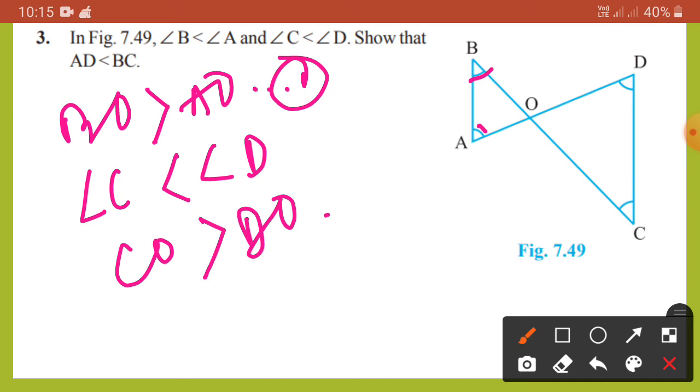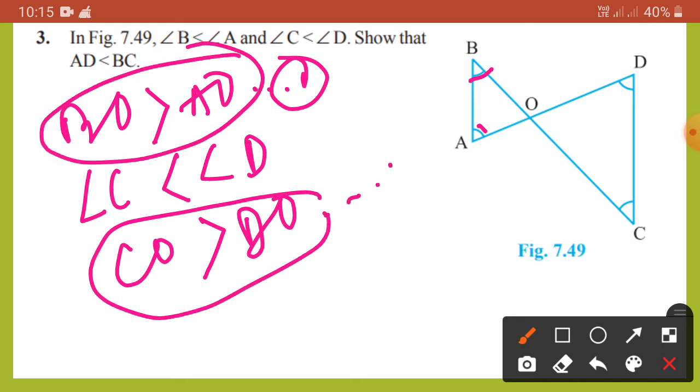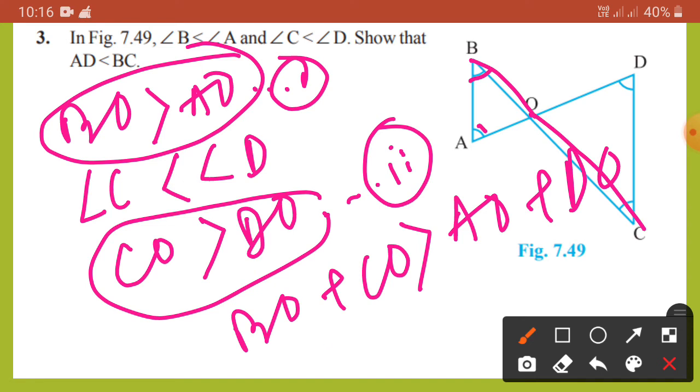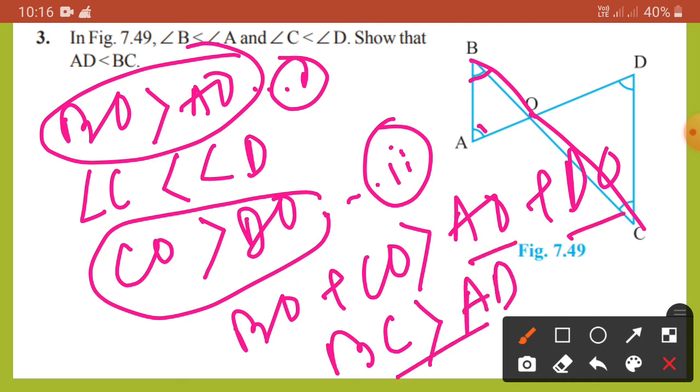If we add these two, BO plus CO is greater than AO plus DO. BO plus OC is BC, and AO plus DO is AD. So BC is greater than AD, or AD is less than BC.